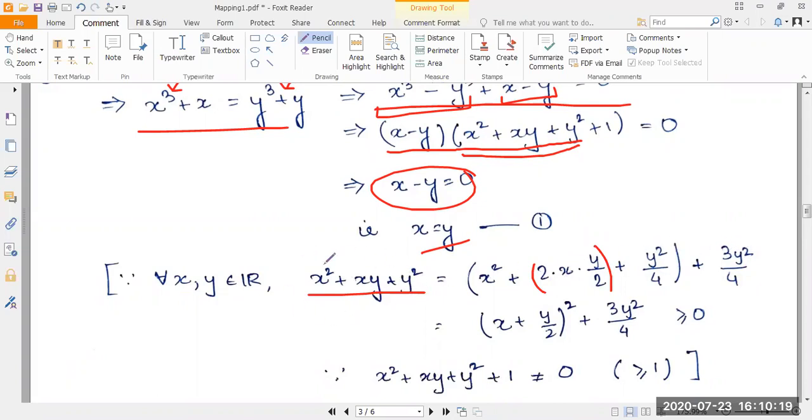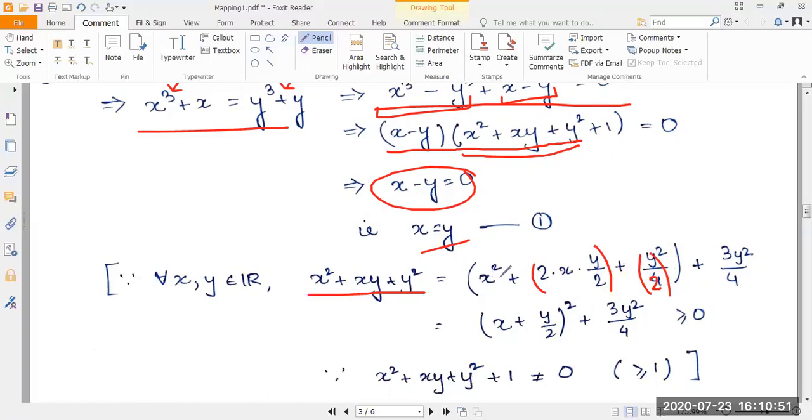So essentially what I do is I rewrite x square plus xy plus y square as x square plus 2 into x into y by 2 plus y square by 4 plus 3y square by 4. Now, if you consider this portion which I've put in the bracket, x square plus 2 into x into y by 2 plus y square by 4, this y square by 4 is essentially y by 2 whole square. So this can be written as (y by 2) whole square.